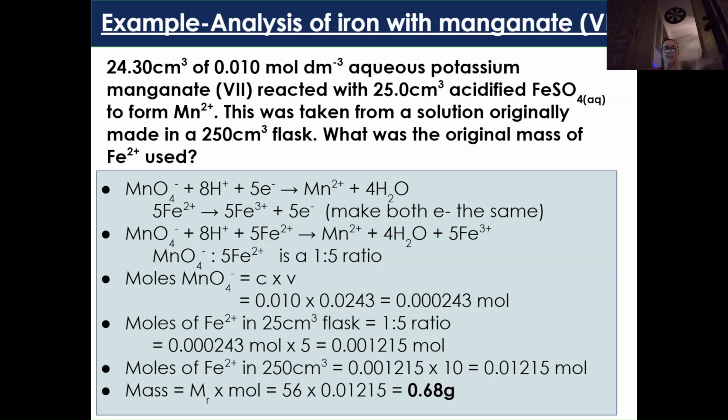Again, potassium permanganate is a really strong oxidizing agent, so it gets reduced, oxidizing the iron. This was originally taken from a solution in a 250 cubic centimeter flask. What was the original mass of the iron 2 plus in the iron sulfate?